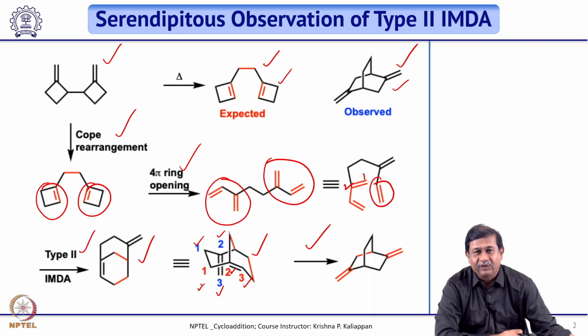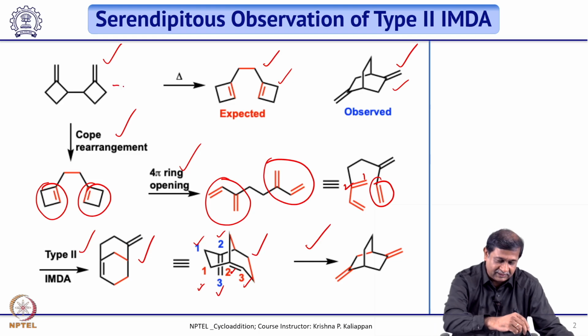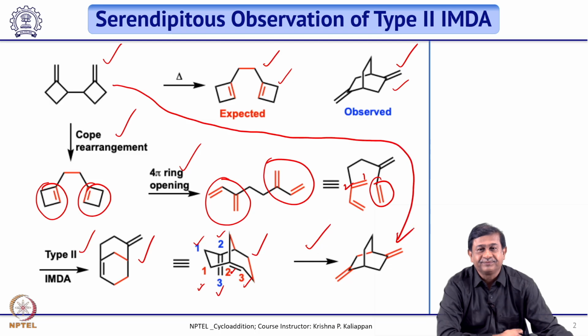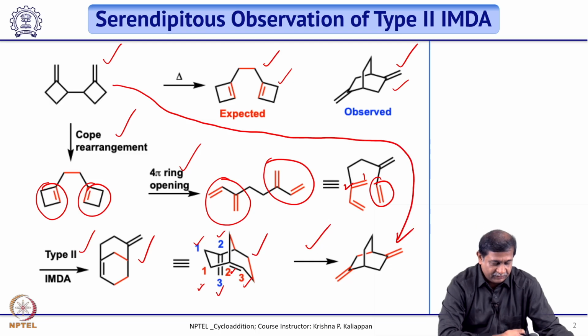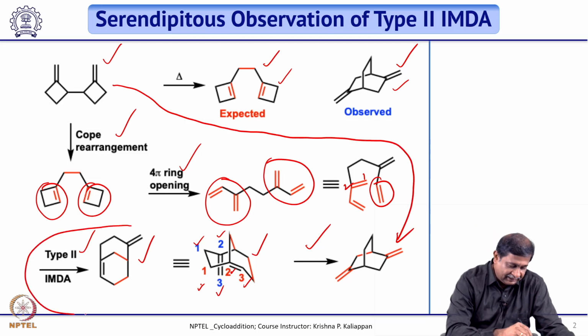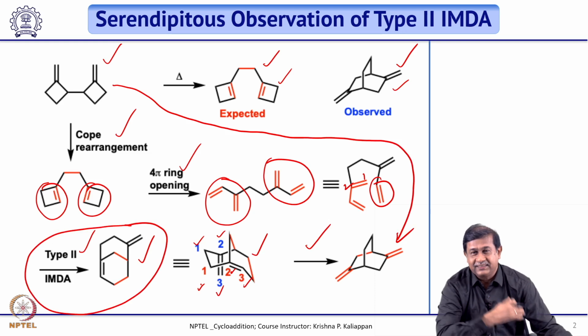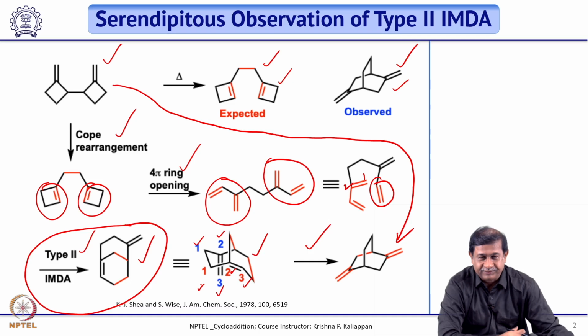So 4 important reactions took place to convert this compound to this one. One of the reactions is the type 2 intramolecular Diels-Alder reaction. That is how type 2 intramolecular Diels-Alder reaction came into force.